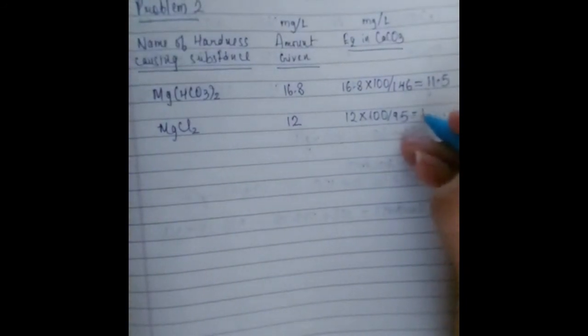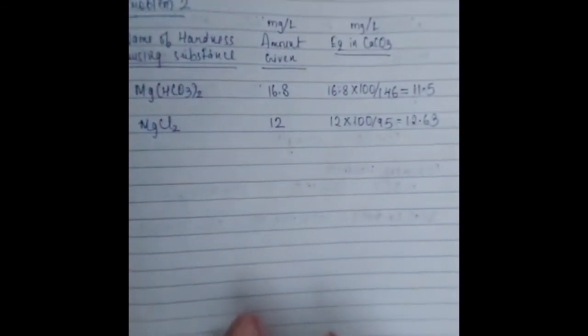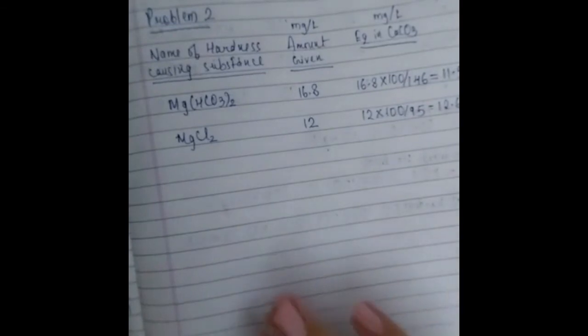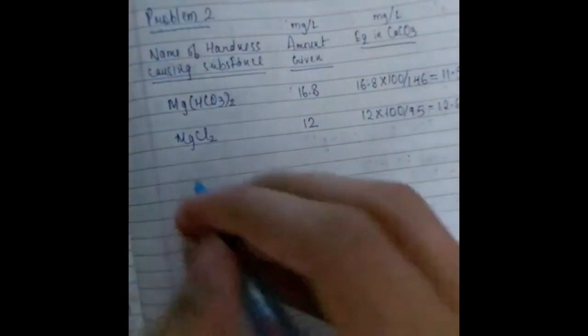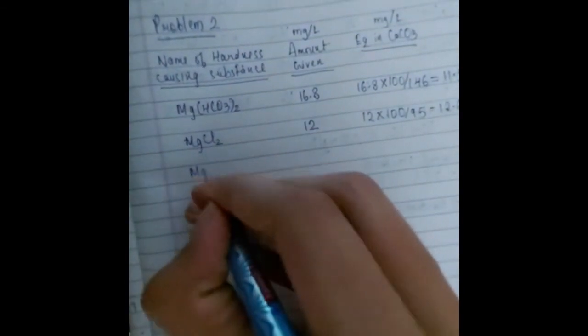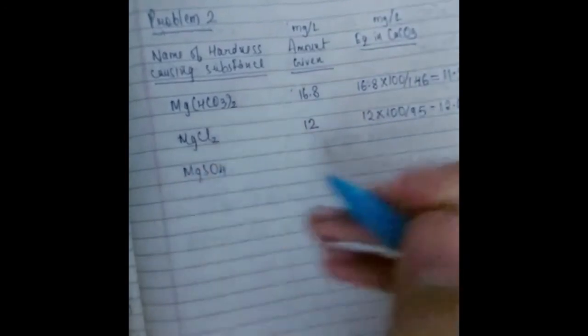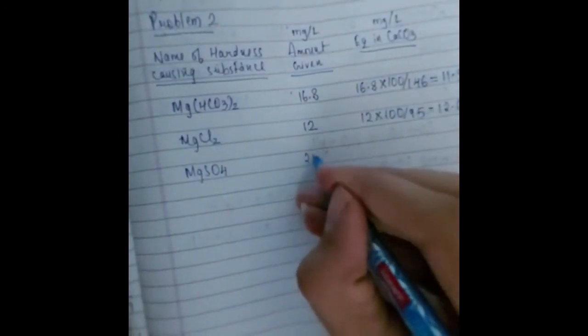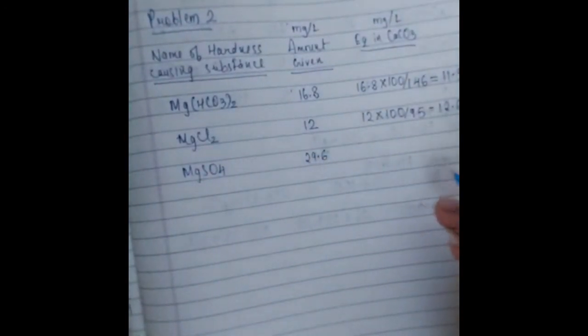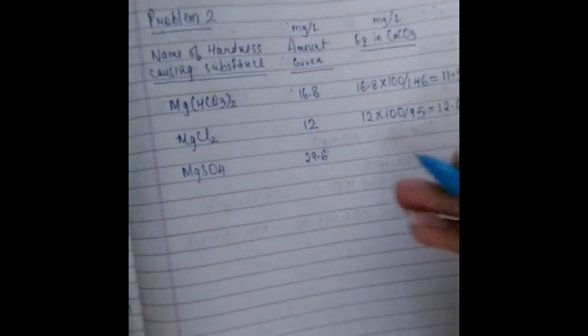This comes out to be 12.63. The next one given is MgSO4, and the amount given is 29.6 milligrams per liter, and the multiplication factor we know is 100 by 120.